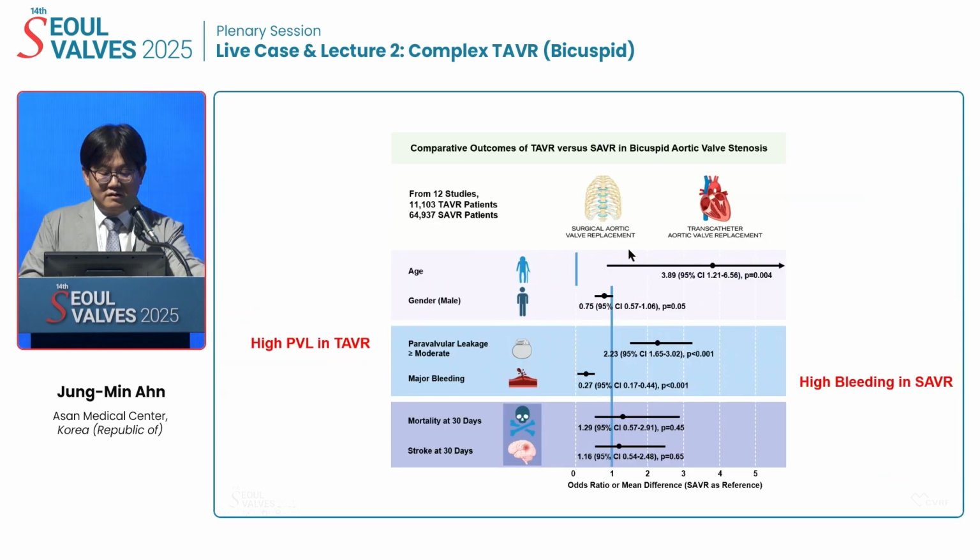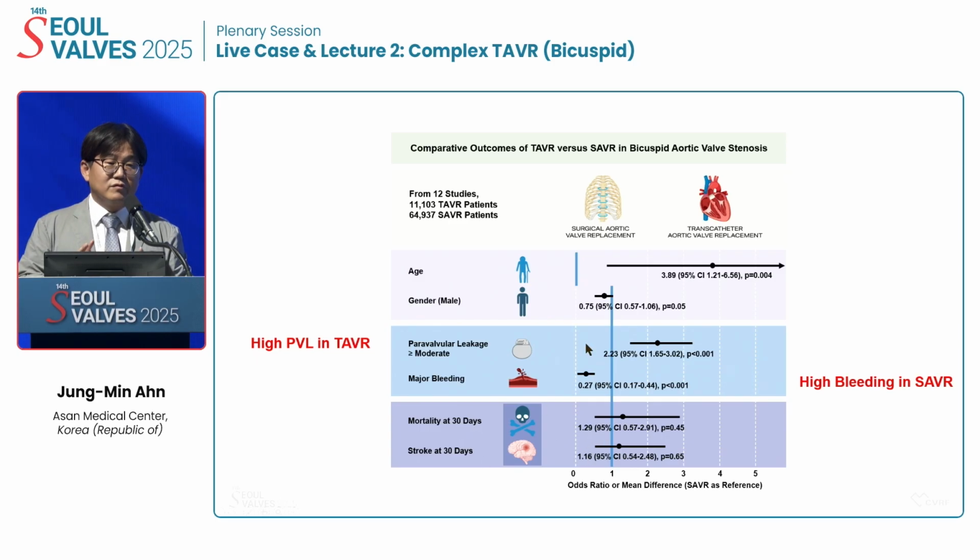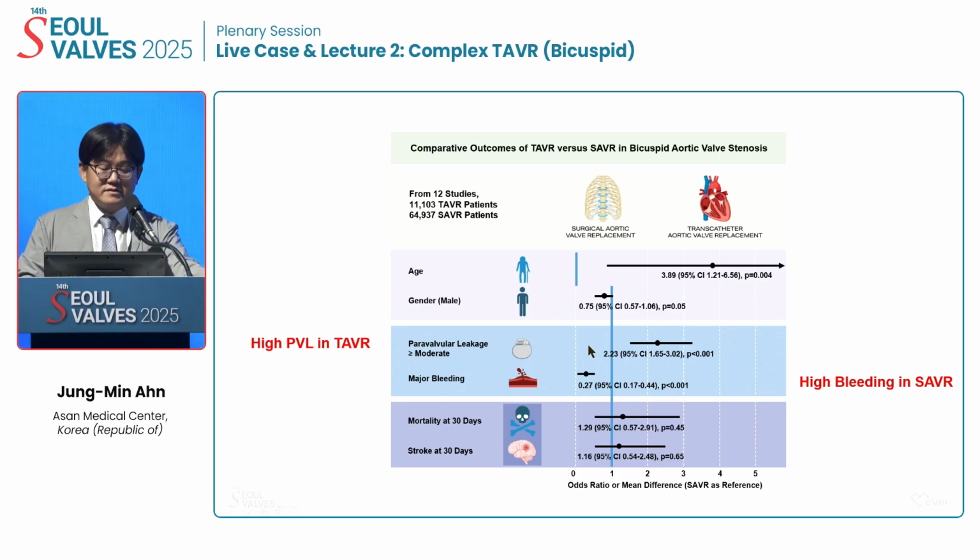Our meta-analysis also showed numerically increased mortality and stroke, but so far there is no statistical difference between surgical AVR and TAVR for bicuspid aortic valve disease regarding mortality and stroke. But the complication characteristics are different.